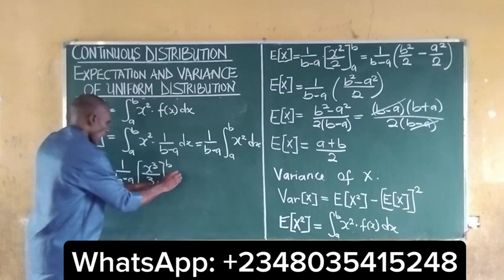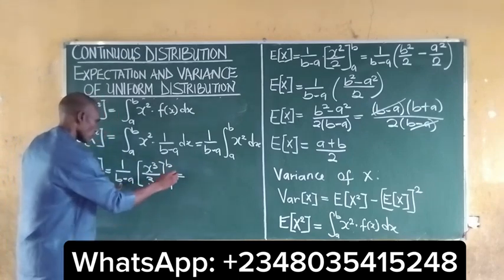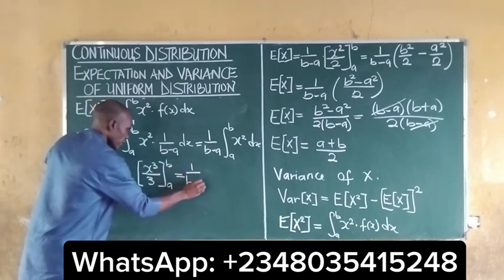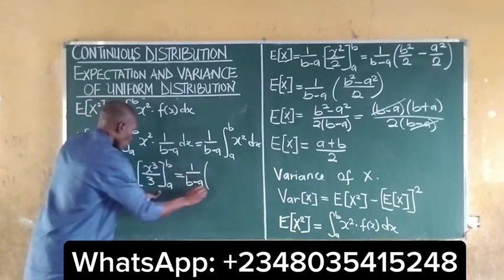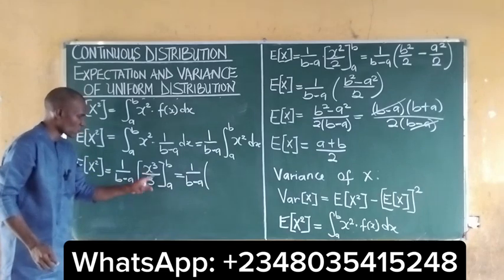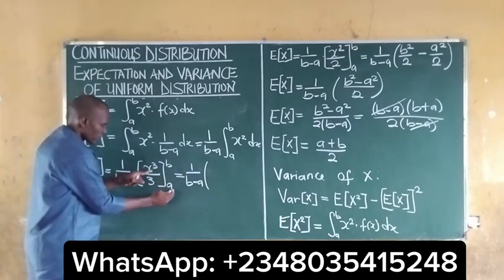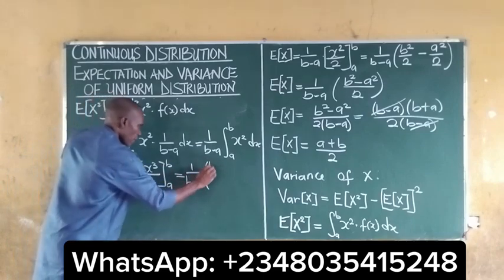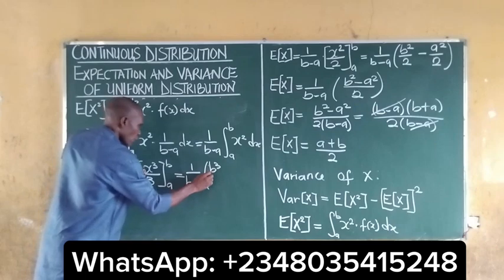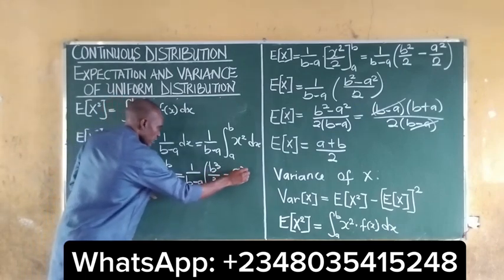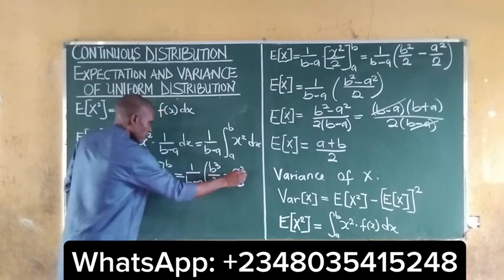Now, this can also give us 1 all over b minus a into, anywhere we see x, we put b, and anywhere we see x, we put a, to remove this interval. So we have b cubed all over 3 minus a cubed all over 3.